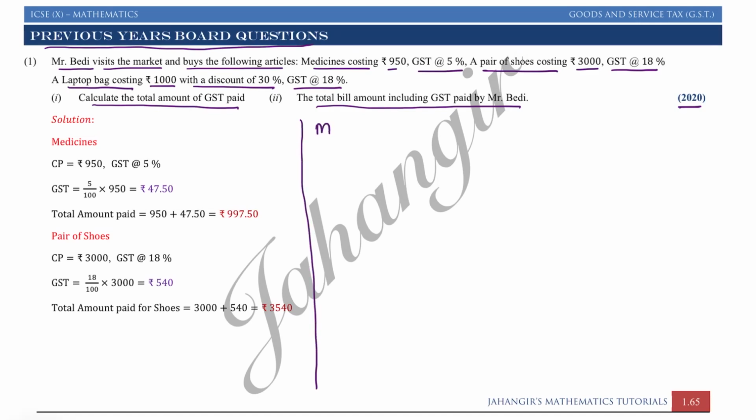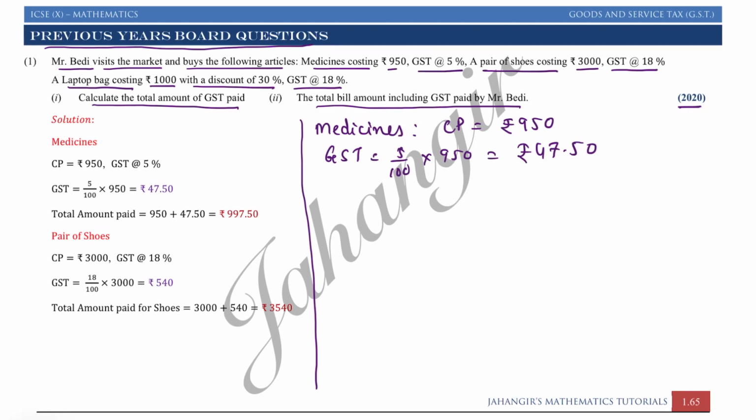So we will go step by step. First we will start with medicine. The cost price of medicine is rupees 950 and on that we have 5% GST. So GST is 5 upon 100 into 950, which gives rupees 47.50.